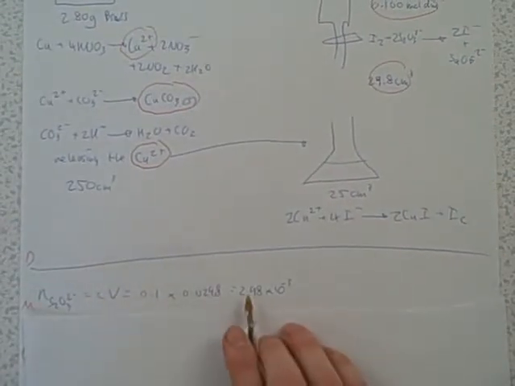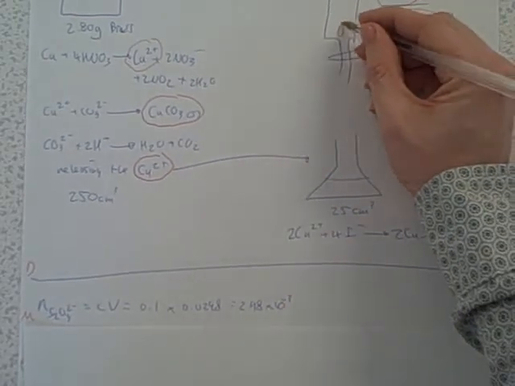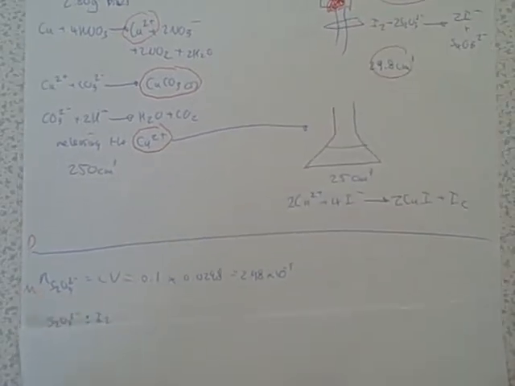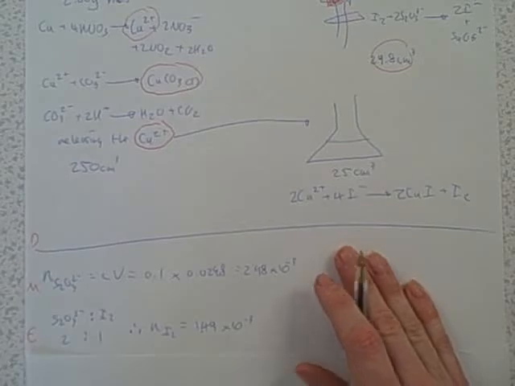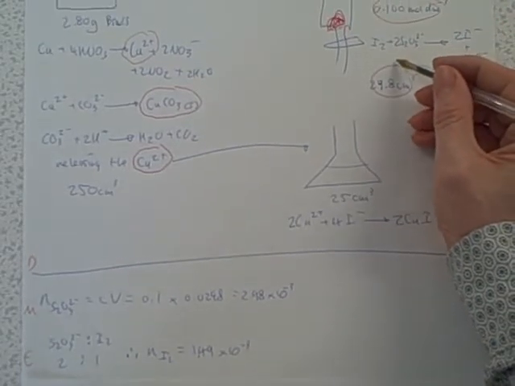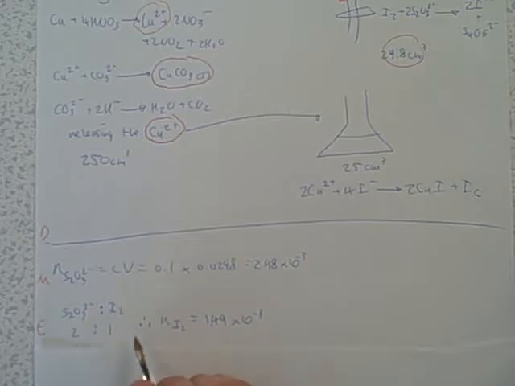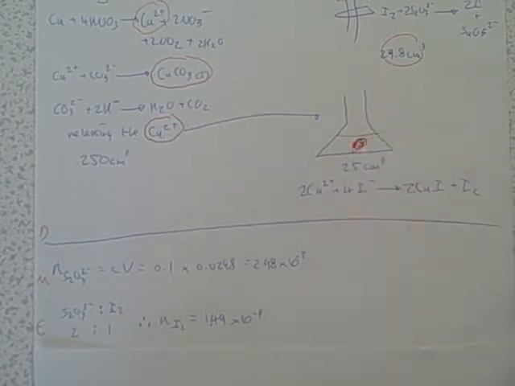So moles of thiosulfate, 2.98 times 10 to the minus 3, and that will give us our moles in the burette here. We then need to use our first equation, our balanced equation, which we've been given here, to realise that thiosulfate to iodine is a 2-to-1 ratio, so half to find your moles of iodine, and that will be the moles of iodine used in the titration.